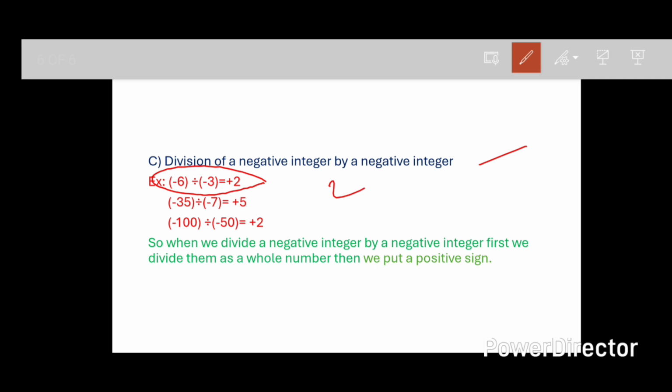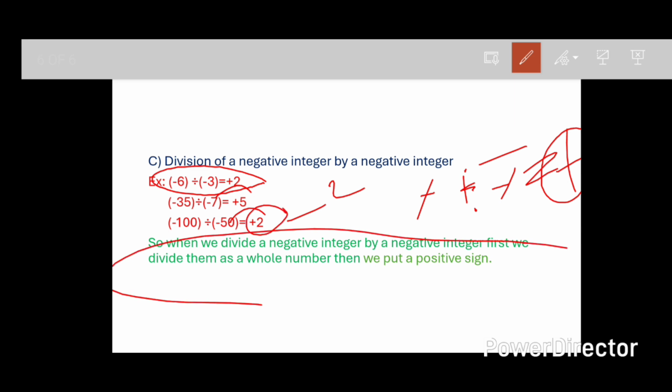Now what is the answer in the division process if two negatives are there? Minus into minus becomes plus. Here minus minus gets cancelled, and in the quotient a positive symbol remains. Here also 7 how much is 35? 7 5s are 35. Here also minus minus gets cancelled and becomes plus. Here 100 by 50, how much is the 100? 50 2s are 100. Then minus minus gets cancelled, a positive symbol remains.